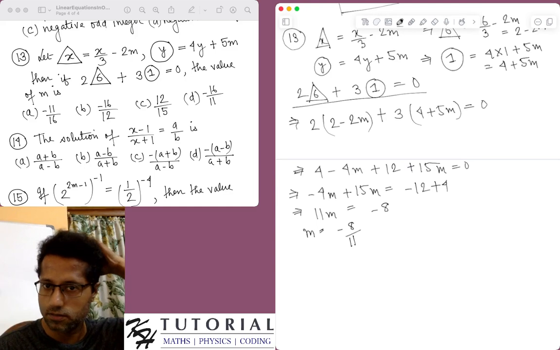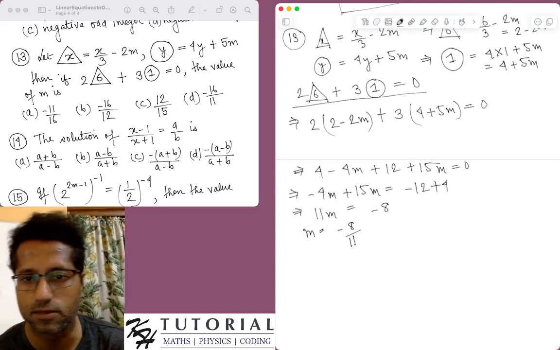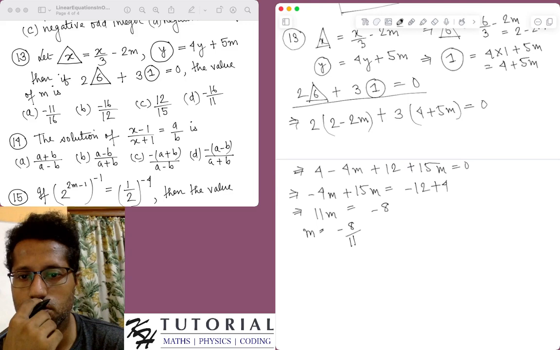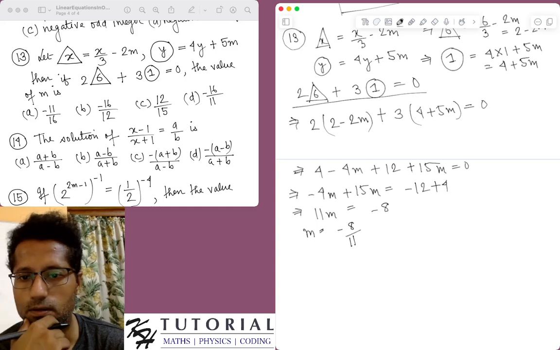Now if we open the brackets, we get 4 minus 4m plus 12 plus 15m equals 0.